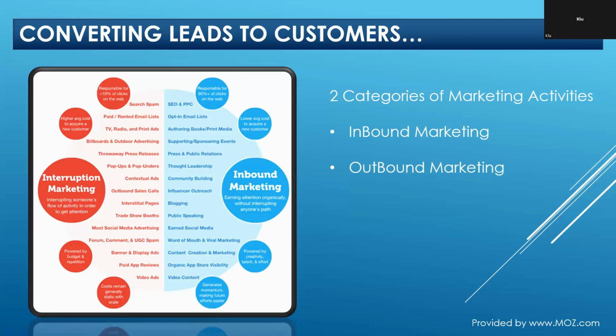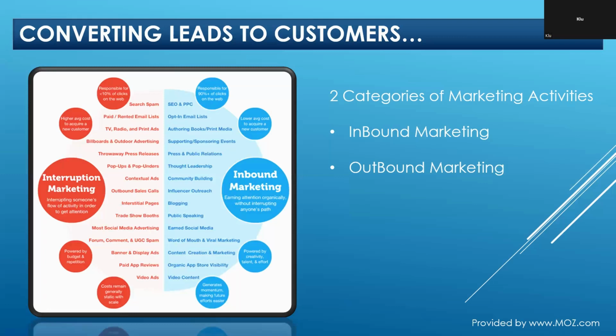They also do it on the way out, after you've read that page and want to go somewhere else, they throw up another page. It's just another form of interruption marketing. Most social media advertising is considered interruption marketing. That's different than social media activity and posts, which we'll get into in a minute. Banner and display ads, video ads, as opposed to video content, are all examples of interruption marketing or outbound marketing.